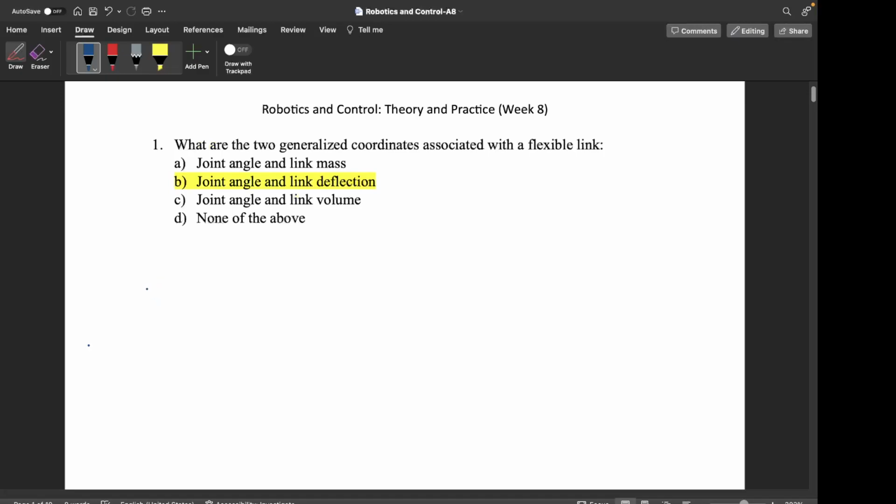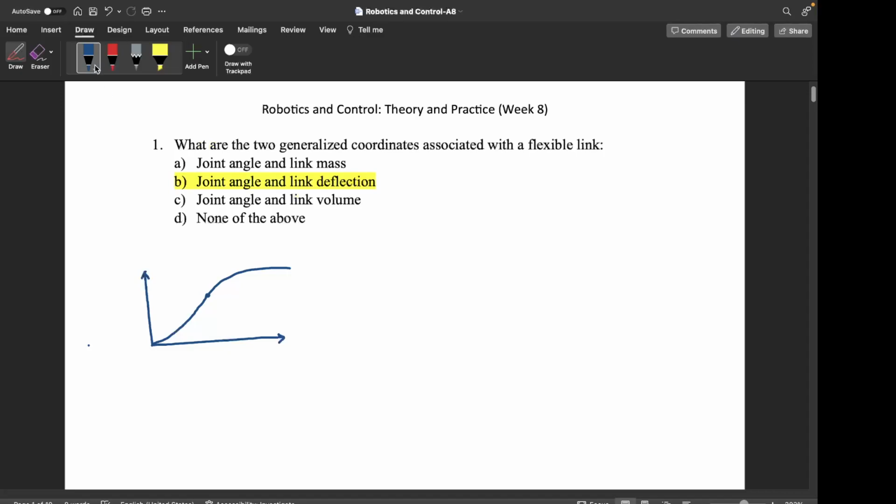So let me just draw a flexible manipulator. So this is the first link, this is the joint, and this is the second link, right?